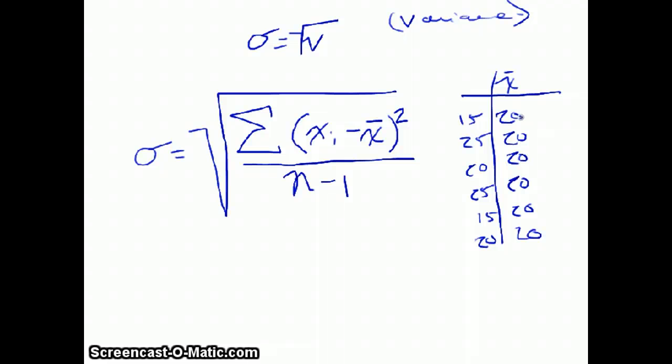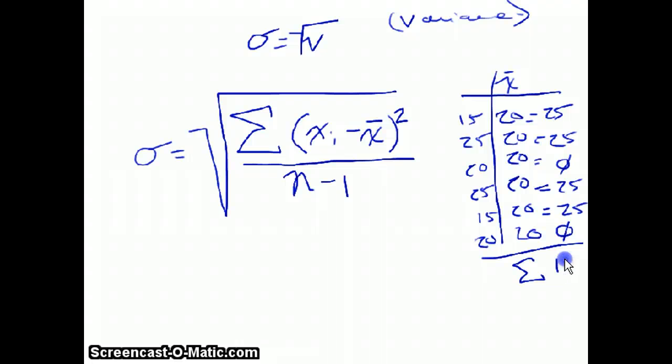If we subtract 20 from 15, we have -5, and that value squared is 25. 20 minus 20 is equal to 0. Squared is 0. 25 minus 20 is equal to 5. Squared is 25. 15 minus 20 is -5. Squared is 25. And 20 minus 20 is 0. Squared is 0. And then if we sum these, what do we get? We get 100.